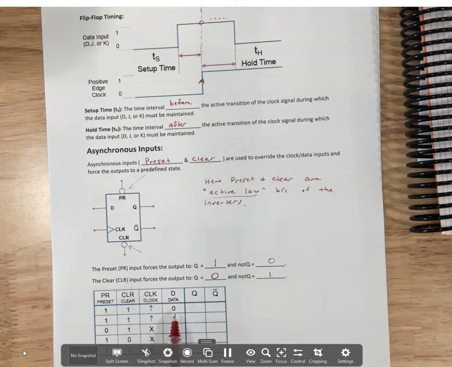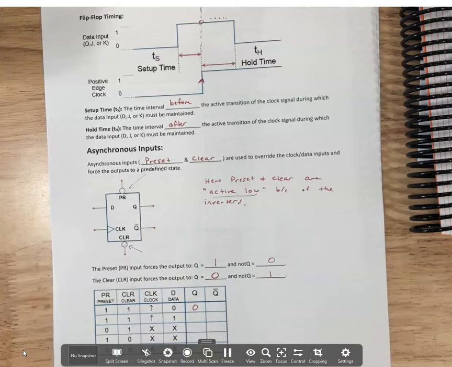The output is going to change on the rising signal of the clock because there's no inverter on the clock, so it's positive edge triggered. So when the clock goes high, Q is going to want to match D. So if D is 0, Q is going to become 0. Does that make sense? We'll fill in the not Qs afterwards. We'll just focus on one thing.